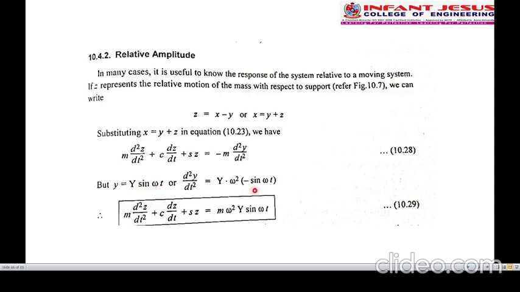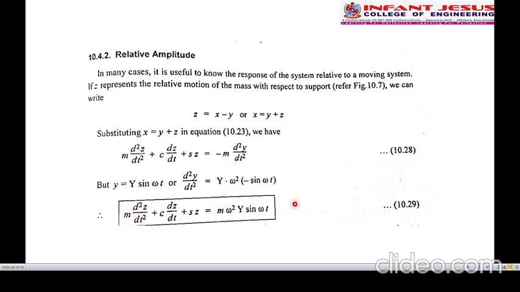So minus sin omega t into, if we differentiate two times, you get omega square. So m d square z by dt square plus c dz by dt plus sz. Here you can write minus m, already here one minus, so plus m Y omega square sin omega t. So this is the formula.